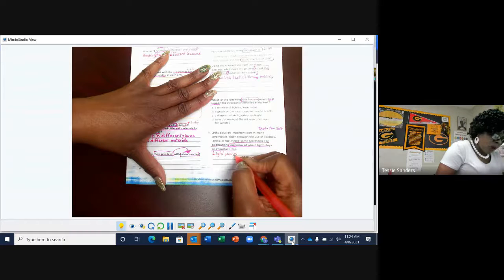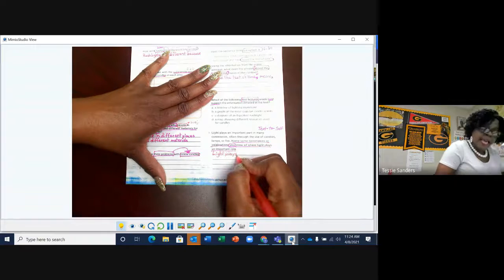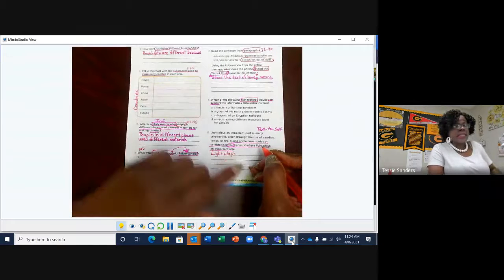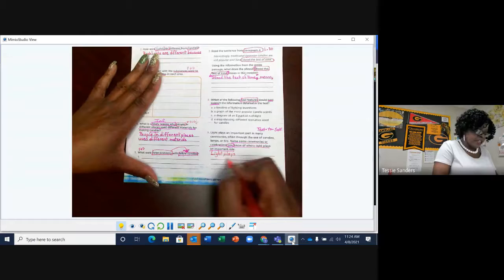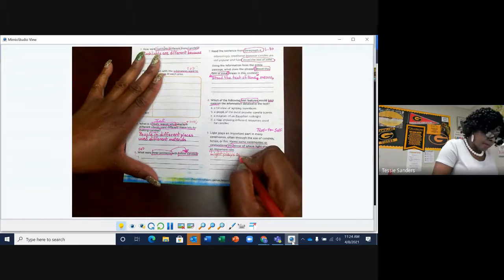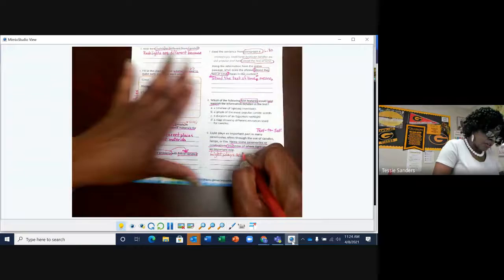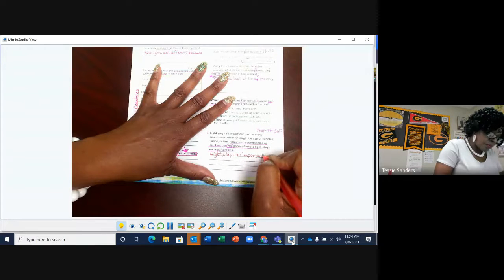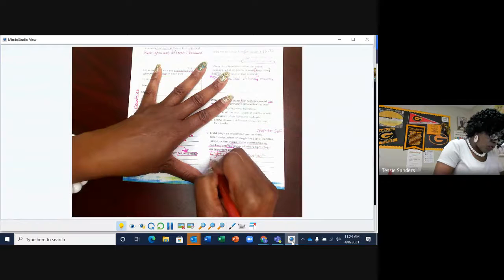Look at that lowercase y. Plays has an S on the end of it, second language learners. Your spelling: plays with an S. Light plays an important role.